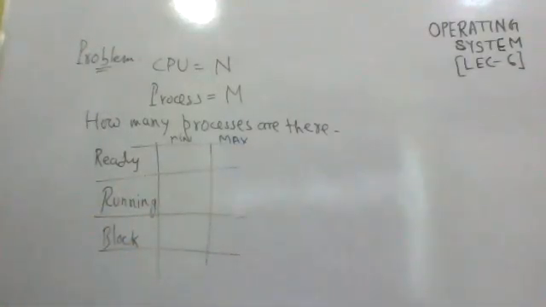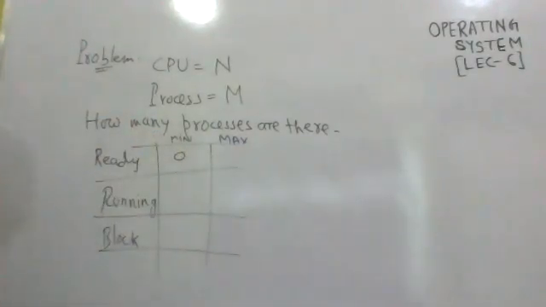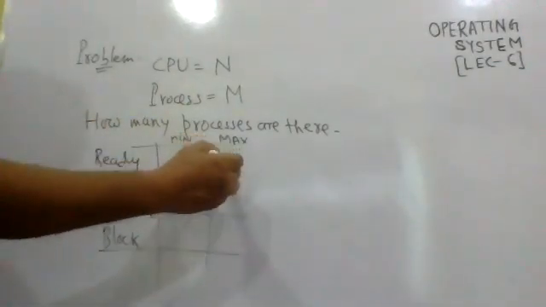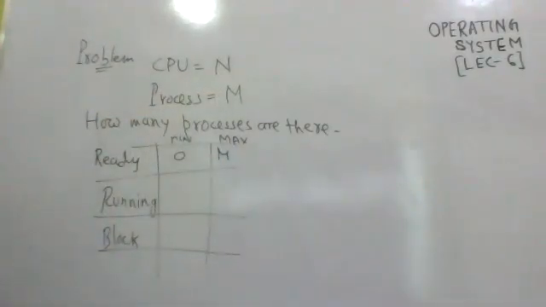Obviously, in the ready state the minimum number of processes will be 0, and the maximum will be m, because in our system there are a total of m processes. So all processes can be ready for execution in the ready queue, and the maximum number should be m.